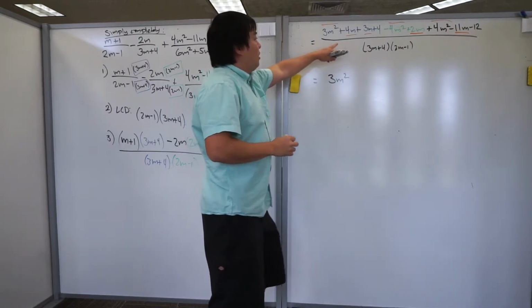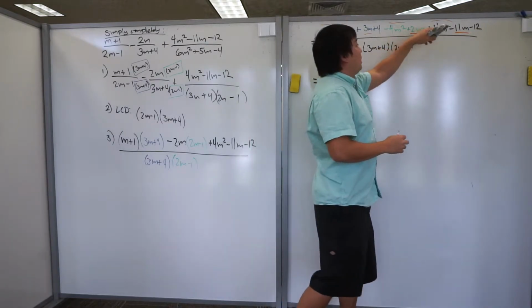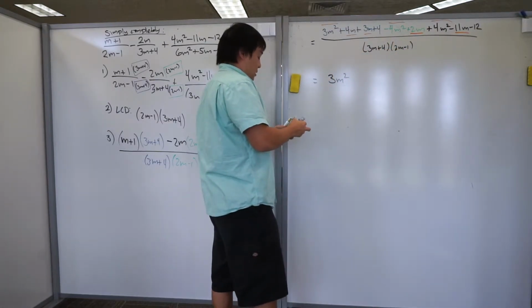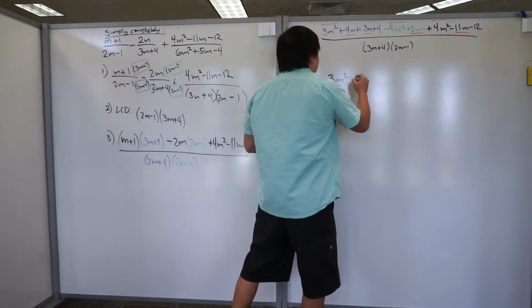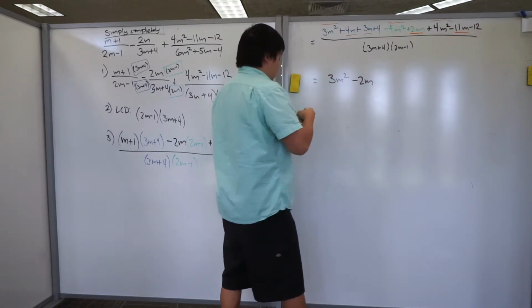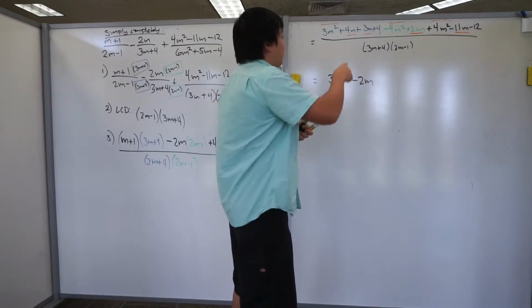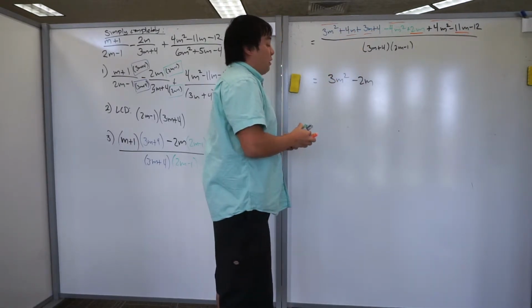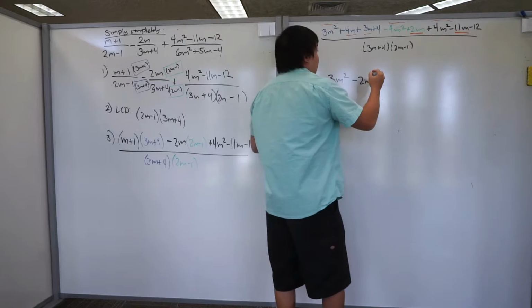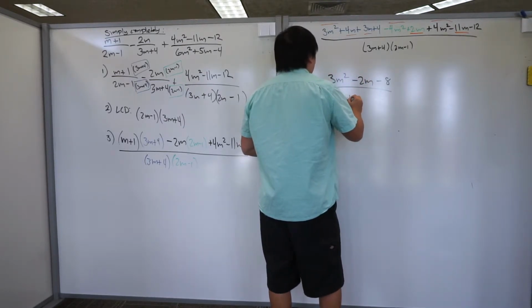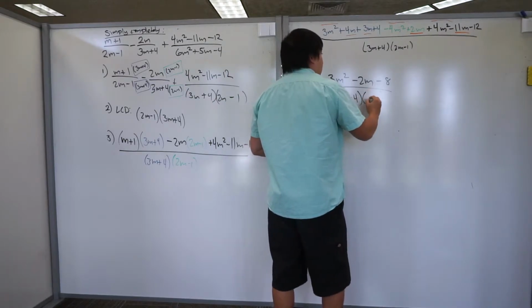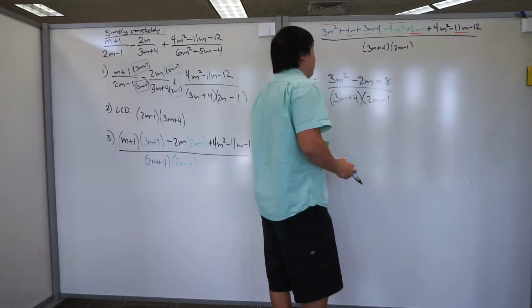So that's 4, 5, 6, 7, 8, 9, 11 minus 9, 9 minus 11 is going to be minus 2m. And then lastly, the 4 and the negative 12 are left. So that's going to give us minus 8. All divided by 3m plus 4 times 2m minus 1.